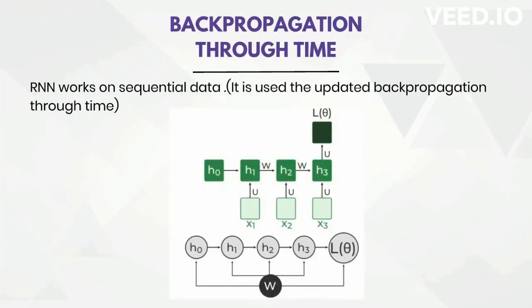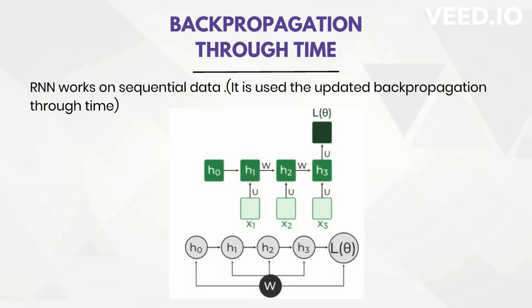In a recurrent neural network, the network is in an ordered fashion, and in an ordered network, each variable is computed one at a time in a specified order, like first H1, then H2, then H3, and so on. Hence, we apply the backpropagation through all these hidden time states sequentially. This is the architecture of backpropagation through time.